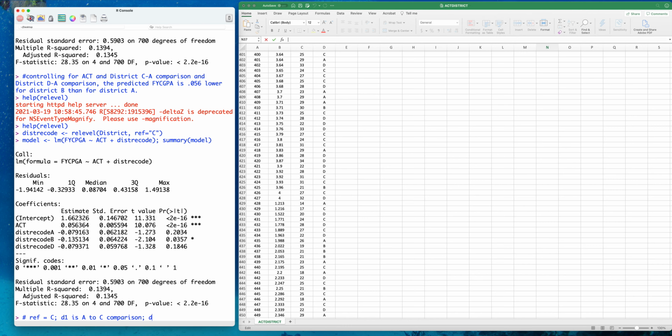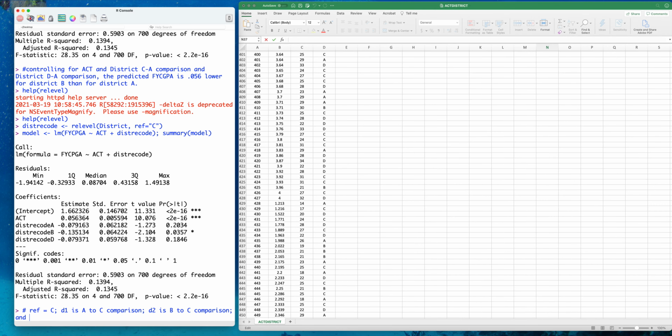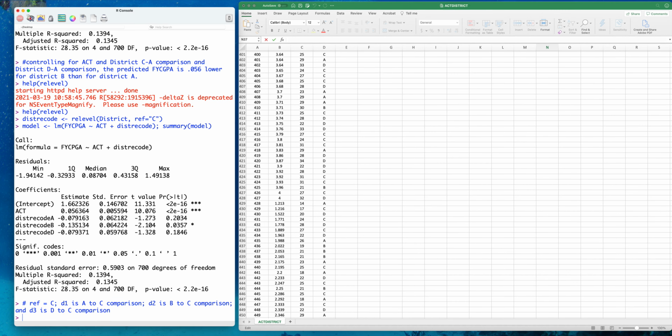My dummy 2 is the B to C comparison. And D3, of course, is the D to C comparison. Now, I think this is doable in R, but I think it's a lot more complex than just taking care of it over in Excel.